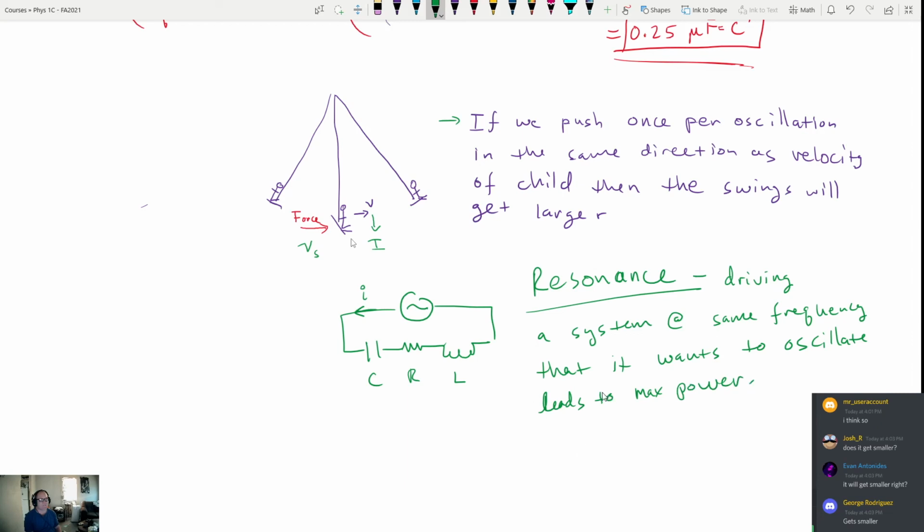So driving a system at the same frequency that it wants to oscillate leads to max power. And we call this frequency that it wants to oscillate at the natural frequency.